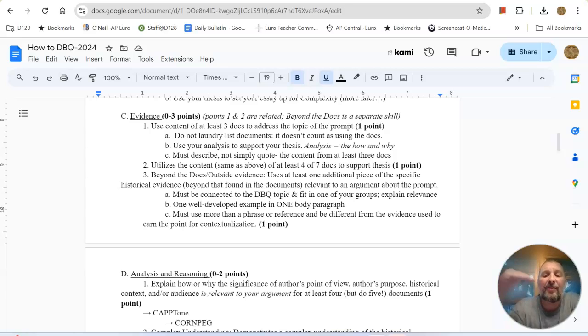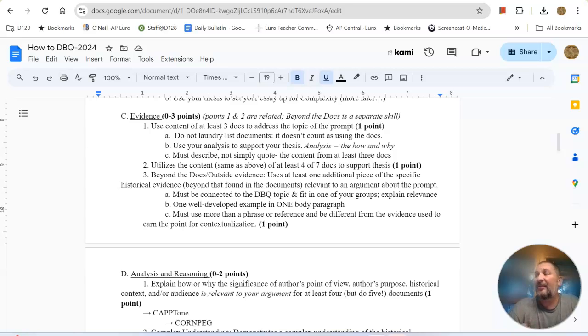So it is an additional piece of evidence that fits in your paragraph, that makes the same argument you're making in one of your paragraphs, but isn't in the document. You have to have 1 well-developed example in 1 body paragraph. So whatever your 3 groups are, you need something else that's not in the documents to prove that.